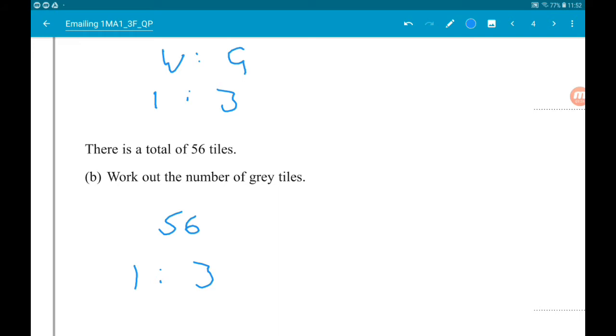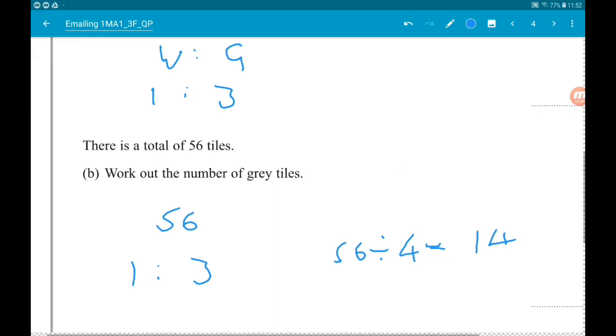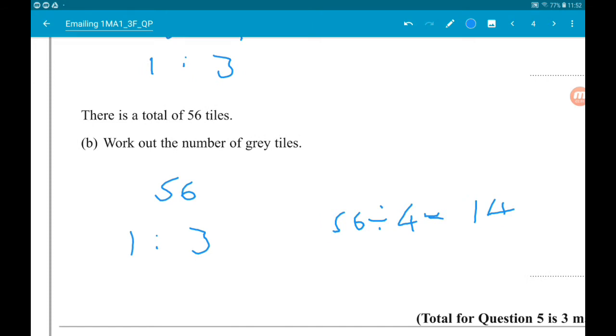So 56 divided by 4 is 14. That means there are 14 lots of the ratio in the path, so 14 lots of 3 grey tiles. So 14 times 3 is 42.